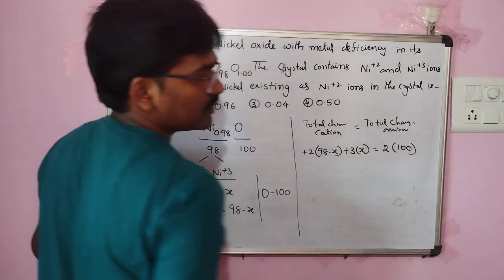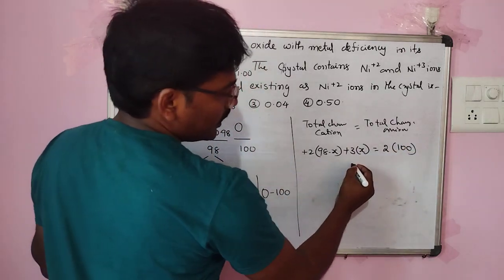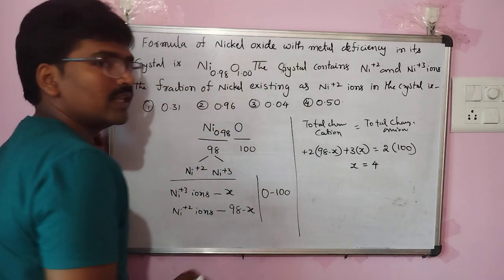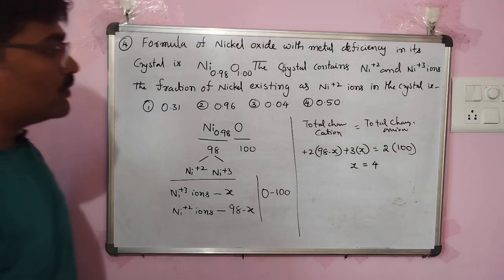Then you can get the X value, it is equal to 4. So the X value we got is 4.